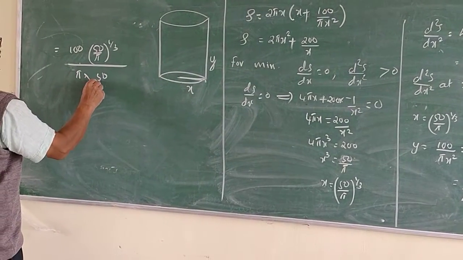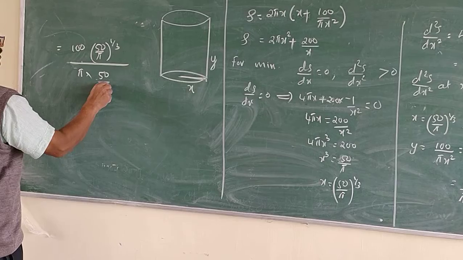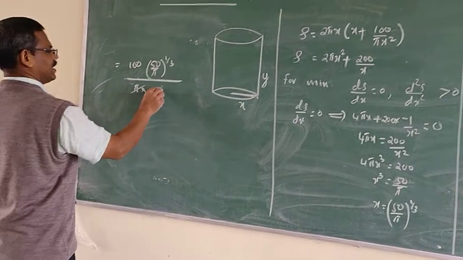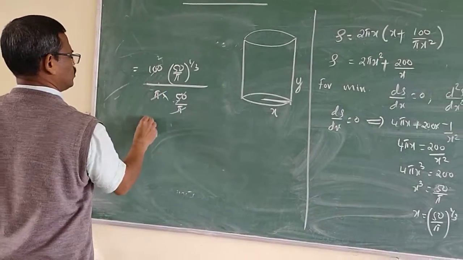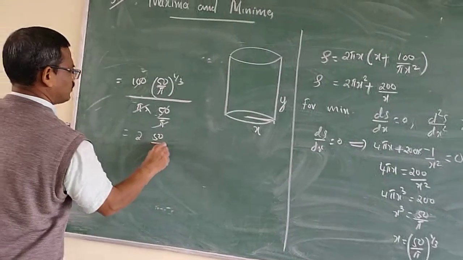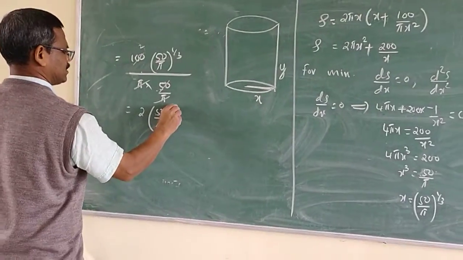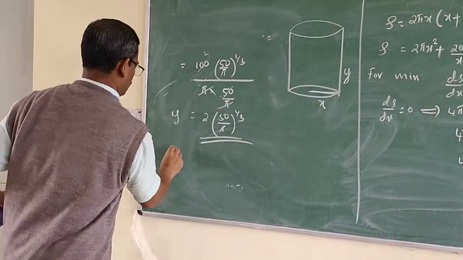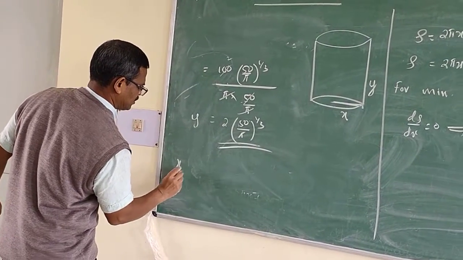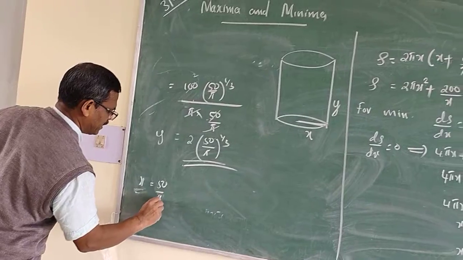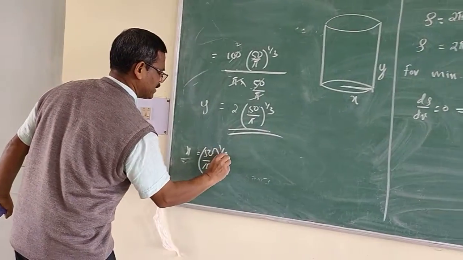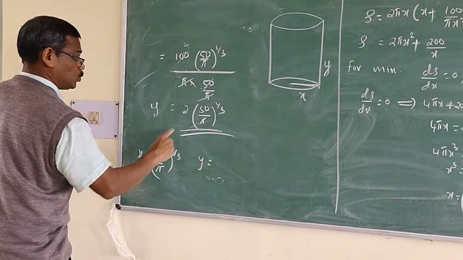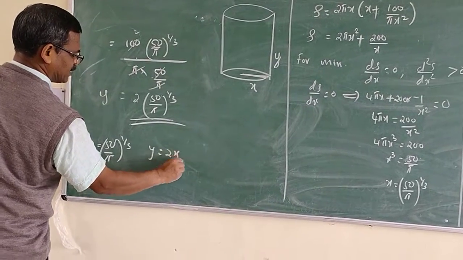So it gives 50 by pi. This is getting canceled, and this is 2. So 2 into 50 by pi raised to 1 by 3. So you got x. x is equal to 50 by pi raised to 1 by 3, and y is equal to 2 times it. I can say it is 2 times x.